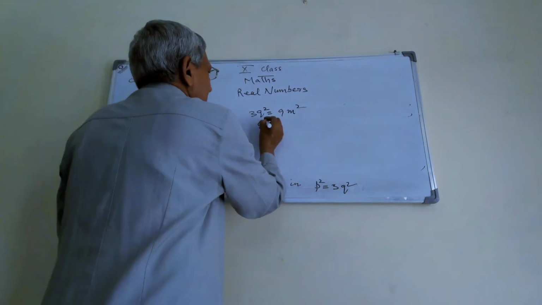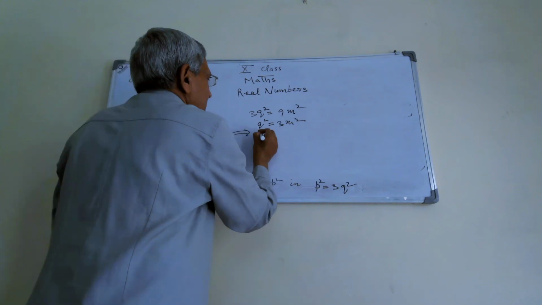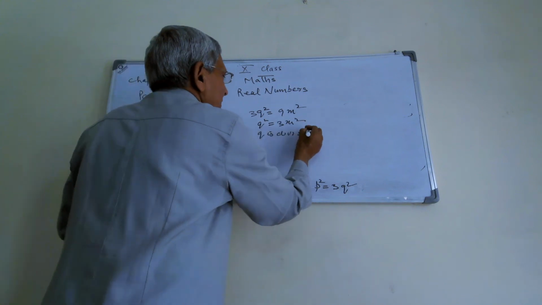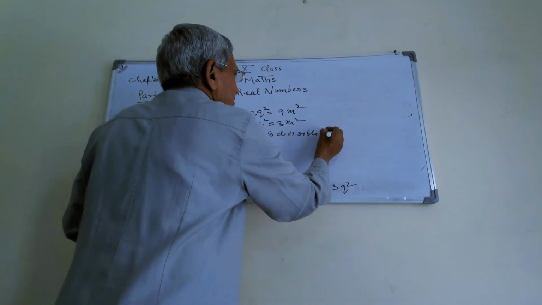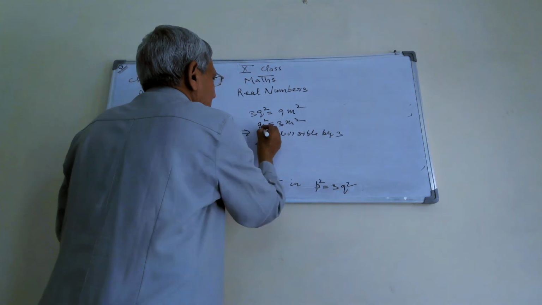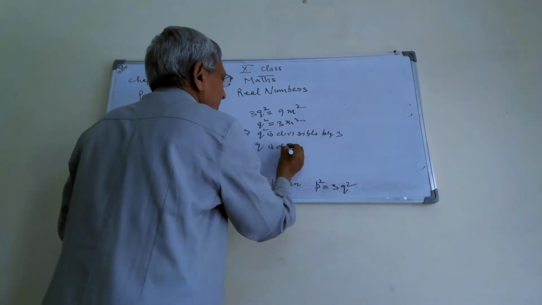Q square is equal to 3m square. This implies Q square is divisible by 3, so Q is divisible by 3.